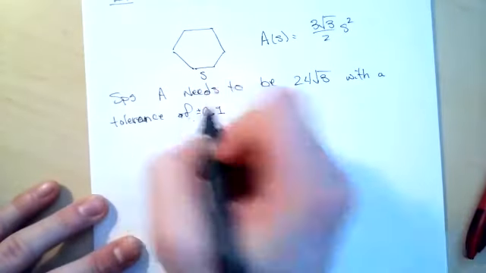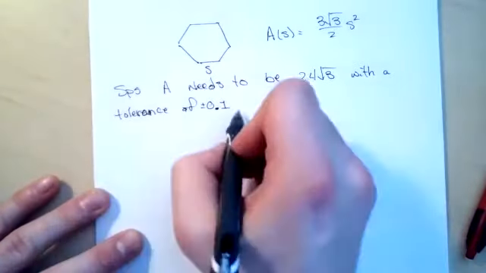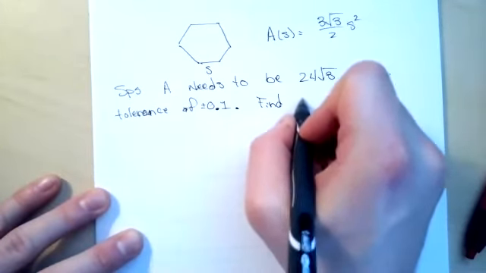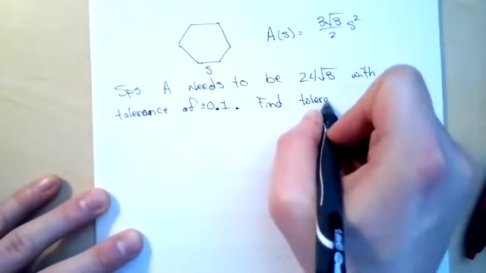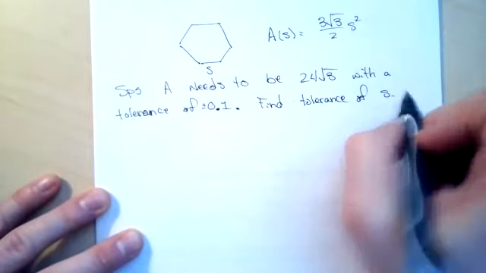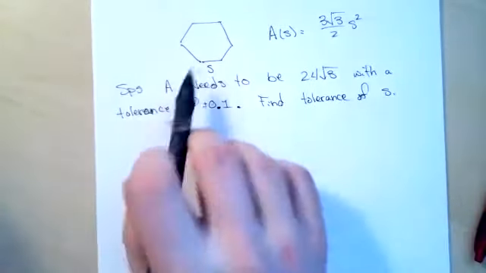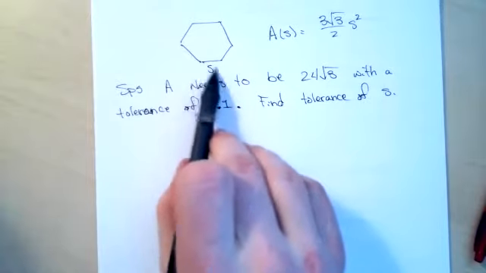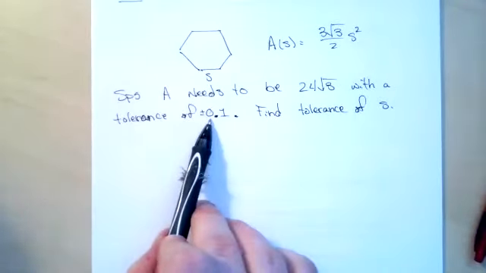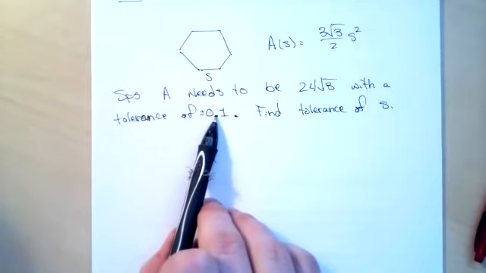And our tolerance is going to be this plus or minus 0.1. We want to find the tolerance of S. So for our machined products, we need to know what's the margin of error we can have in their side lengths to make sure we have our margin of error in our final product correct.